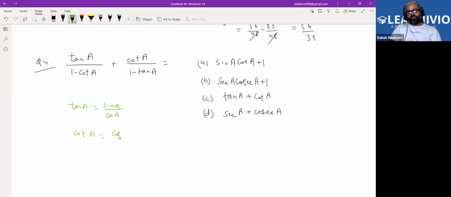Because only option C is in tan and cot. The rest are in sine, cos, or sec and cosec, which are reciprocals of cos and sine. Even if tan and cot, the answer will come. You can always change sine by cos as tan, cos by sine as cot. So that is the better way: if there is tan and cot, let us change it into sine and cos. So just try to proceed this way.